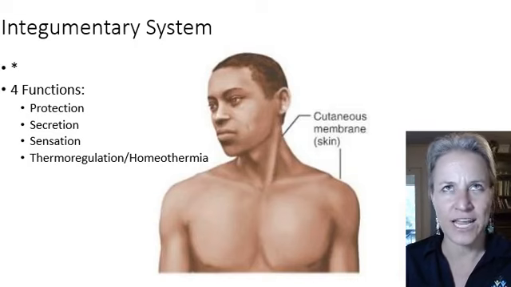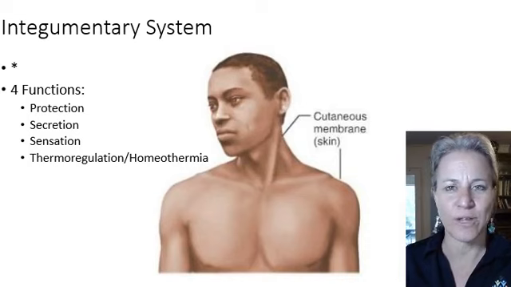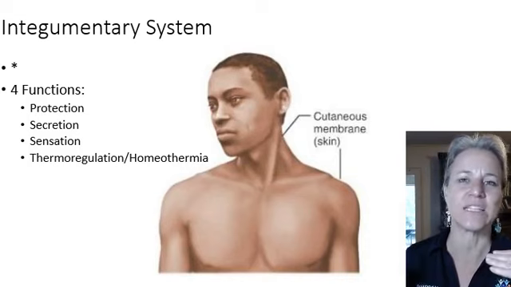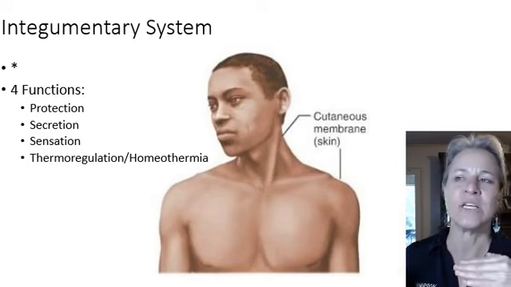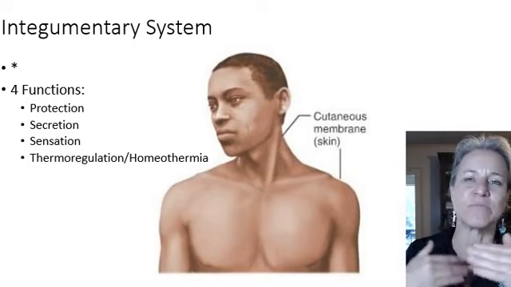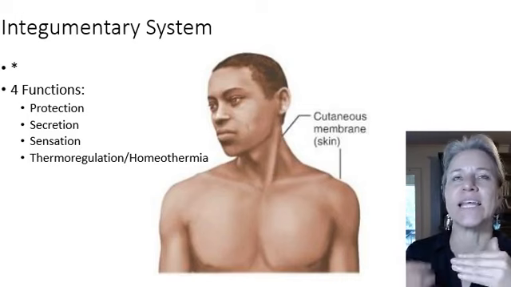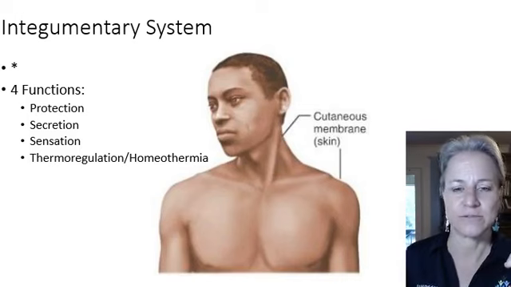Homeothermia is just another way to say thermoregulation, and that is maintaining constant body temperature. The integumentary system helps in maintaining a constant body temperature.